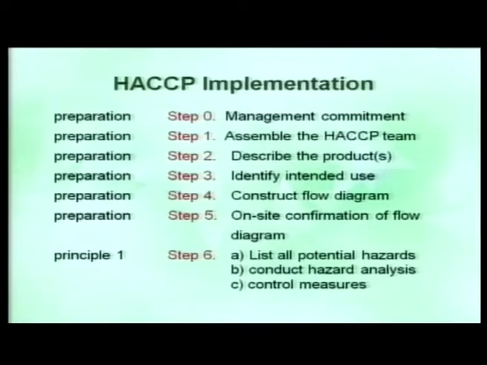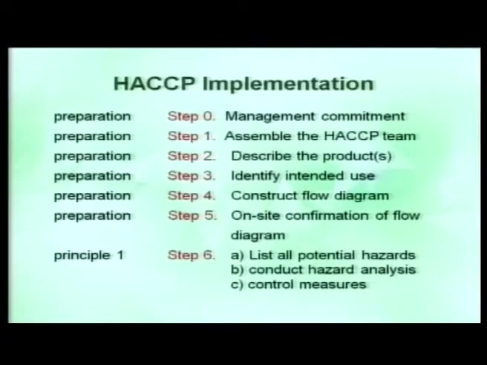One way is to identify them from the raw materials which you have listed in step 2, that is your product description. And you need to identify the potential hazards in your process flow, that is in step 4. That is why these steps are called the preliminary steps. So you need to list out all these potential hazards.